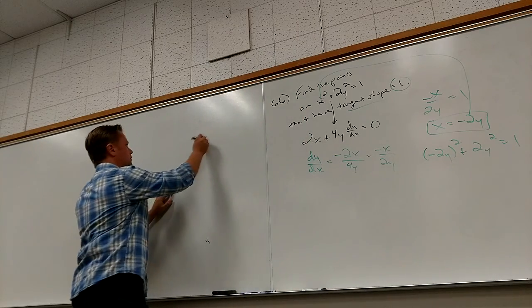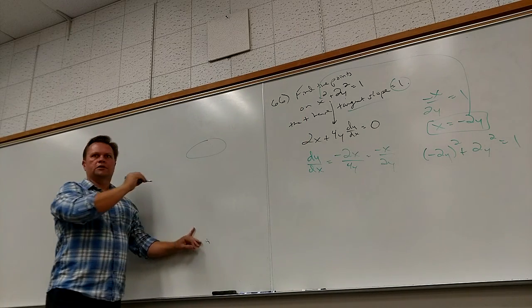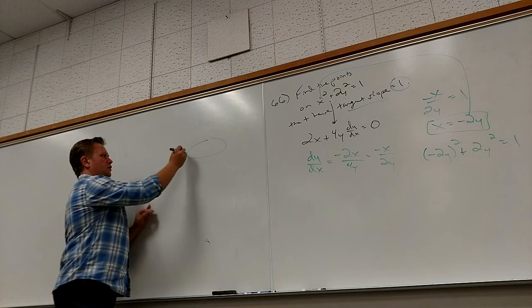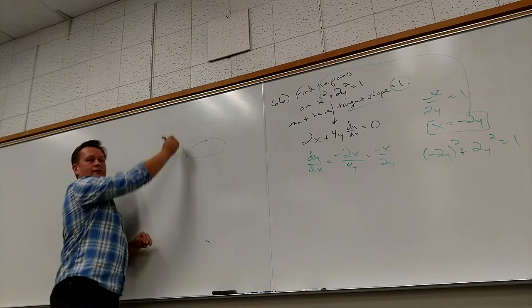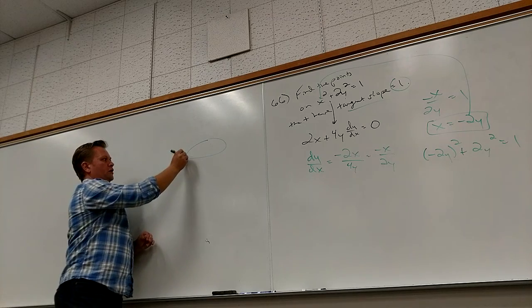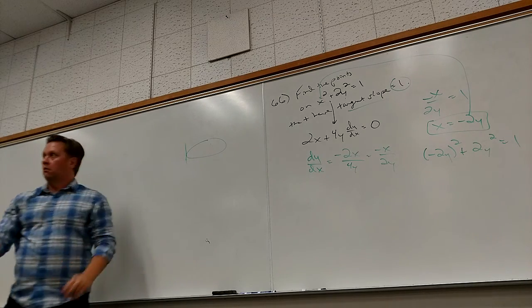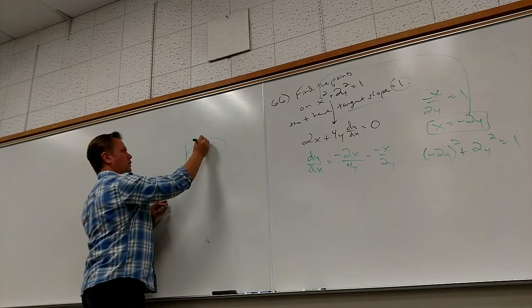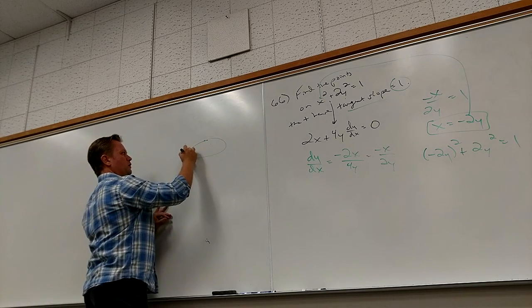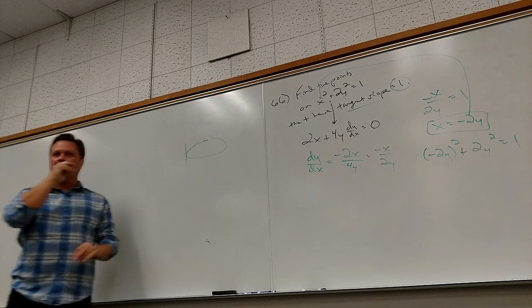And if you look at an ellipse, where does it look like the slope could be 1? Here the slope is what? What's the slope right there? What's the tangent line slope right here? Infinite. And what's the tangent line slope right here? 0. So somewhere in between here, there's a slope of 1, right?